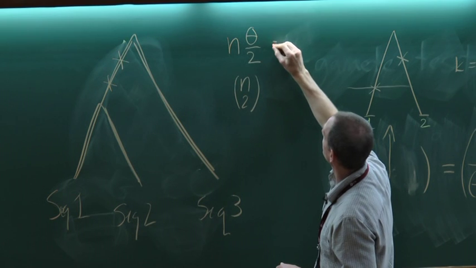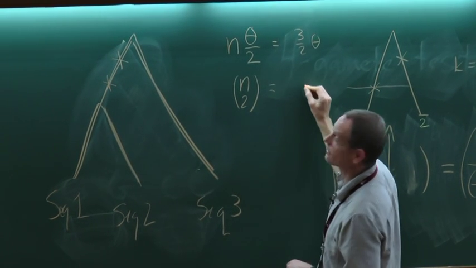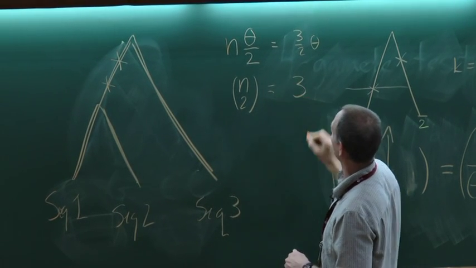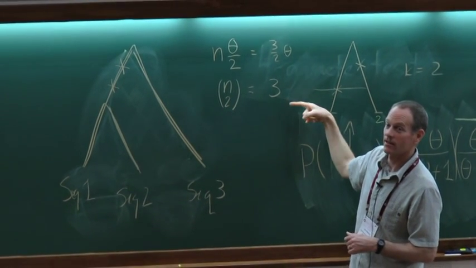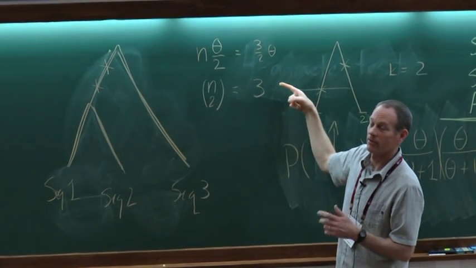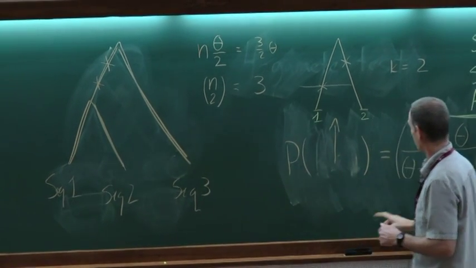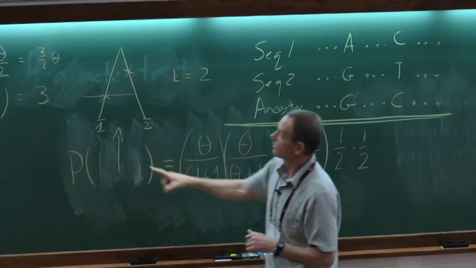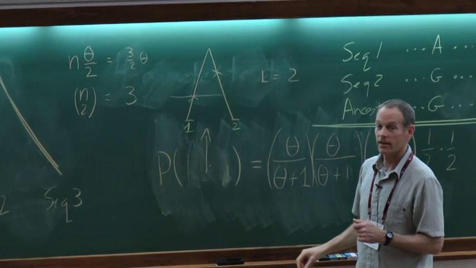In this case, I would have 3/2 theta and 3, right? And these would be the relative probabilities of coalescence and mutation, mutation being the first event backwards in time. And so instead of theta over theta plus 1, if I took the ratio of this over that plus that, I would end up with theta over theta plus 2.